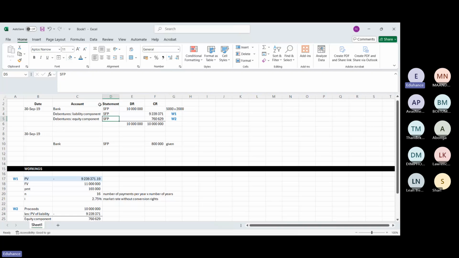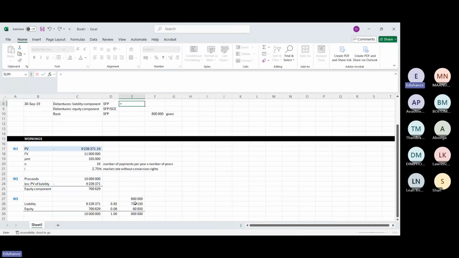So just for this one, just to make it like that, perhaps. So then I'm just going to do this. All this is going to do is simply do that. So that is basically that aspect.